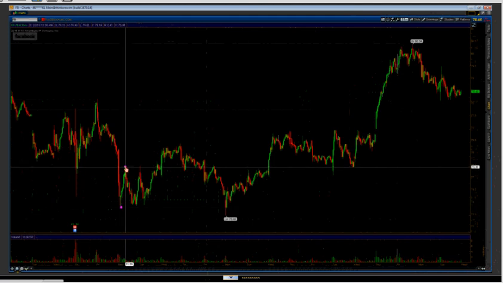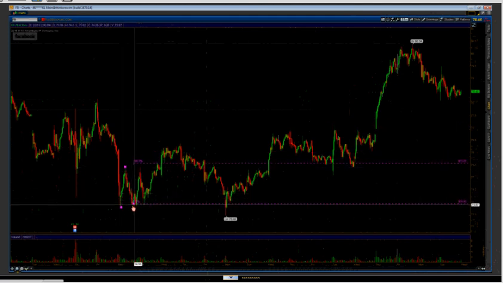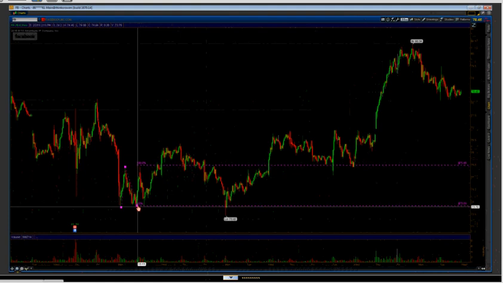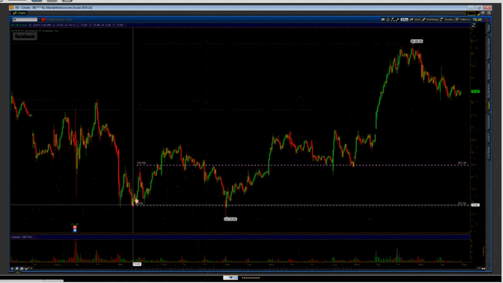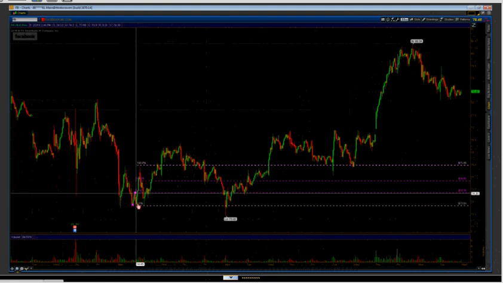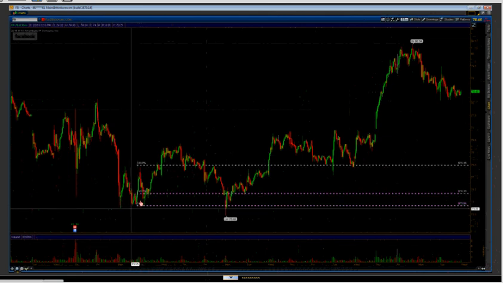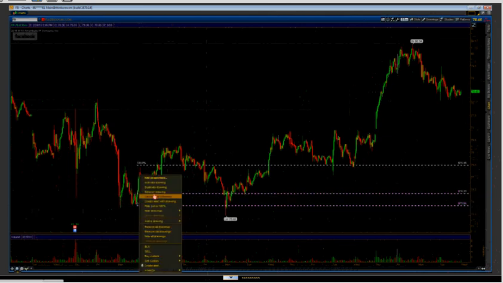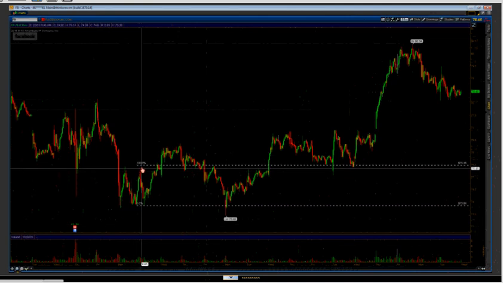Low, high, low, low, high, low. That one would have been a quick, easy one. This one, not quite, but it's within 10 cents. Pretty darn close.